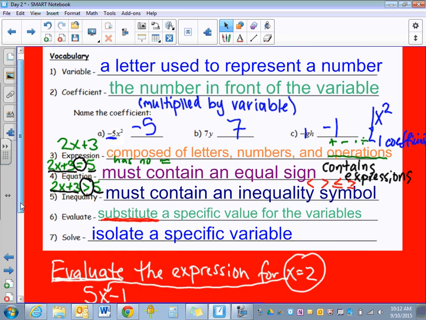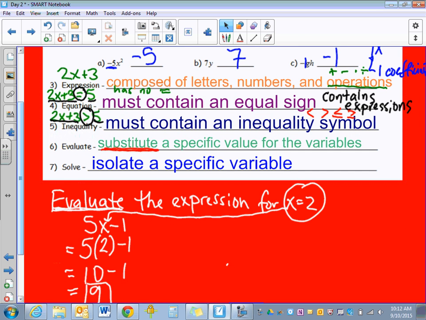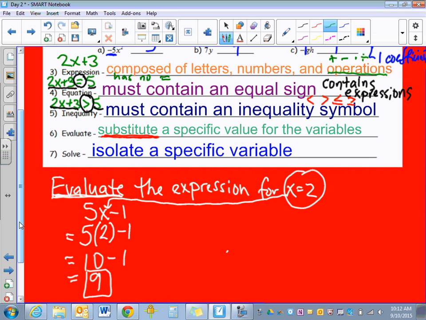Okay, so an example of that, remember that solving is used with equations. So if I were to take my equation 2x plus 3 equals 5, and I said to solve this, then what I want to do is get my variable by itself. So I would have to subtract my 3 over, 2x equals 2.